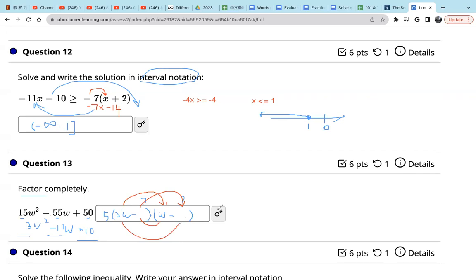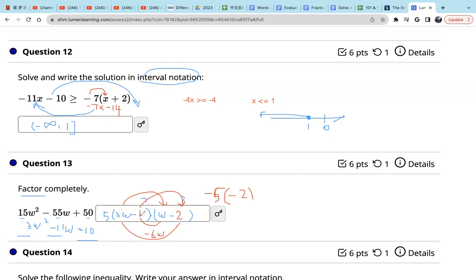For 10, let's think about -2 and -5. -5 times -2 is positive 10, right? If I put -2 here, 3w times -2, that's -6w.